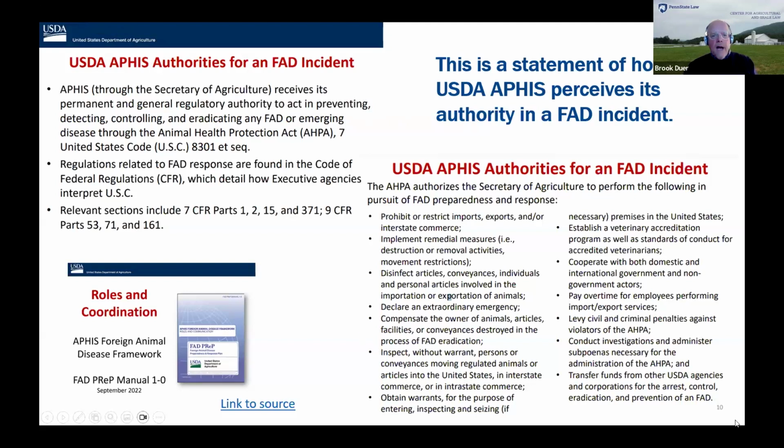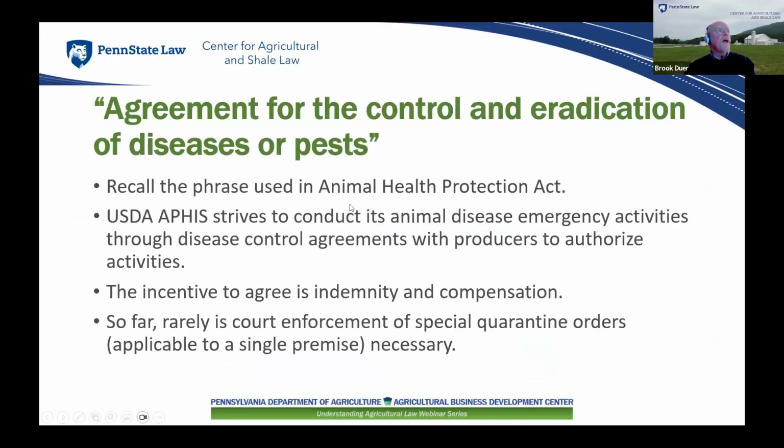But okay, so this is an admin manual on the left. On the right, there are some general statements of what USDA-APHIS wants everyone to know. This is what we do in a general way. We talked about all of that anyway. Now, remember I talked about this phrase, agreement for the control and eradication of diseases or pests.